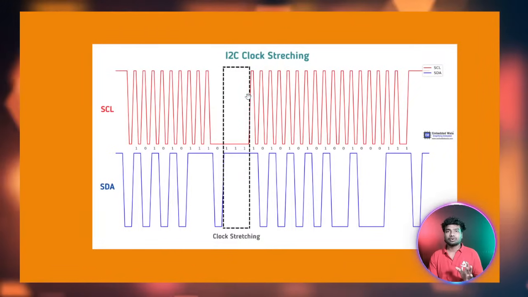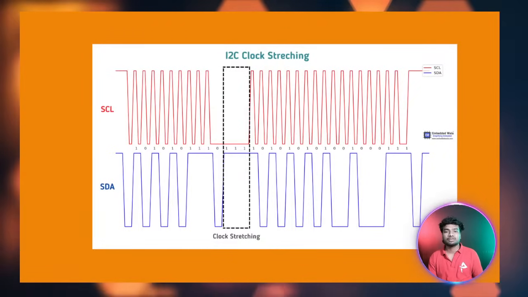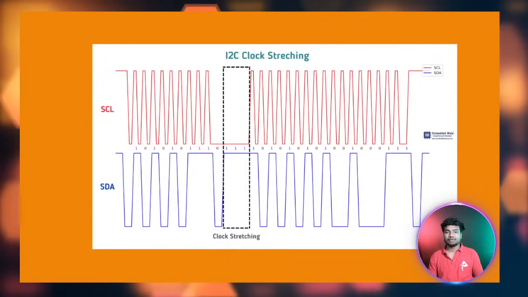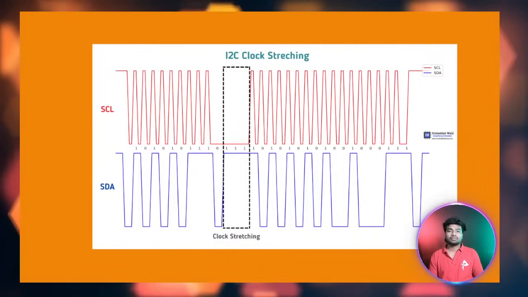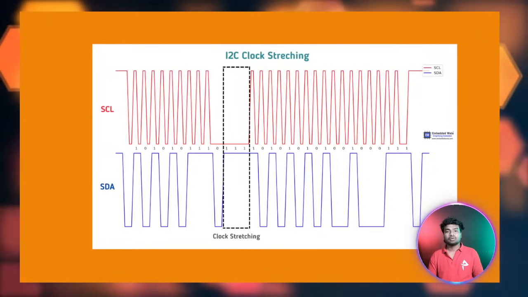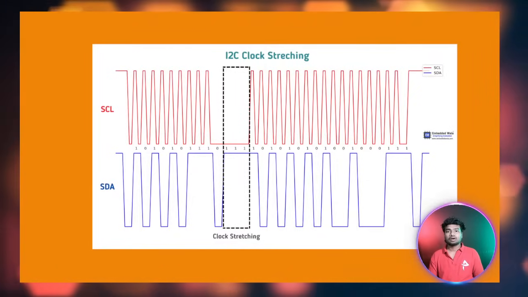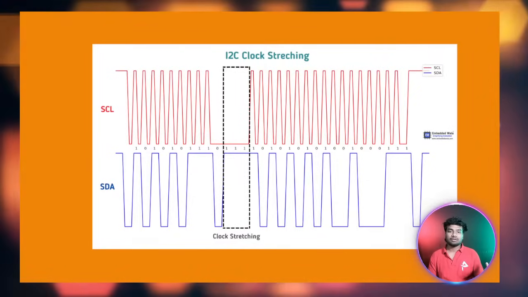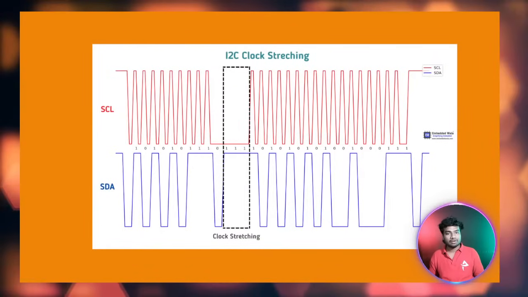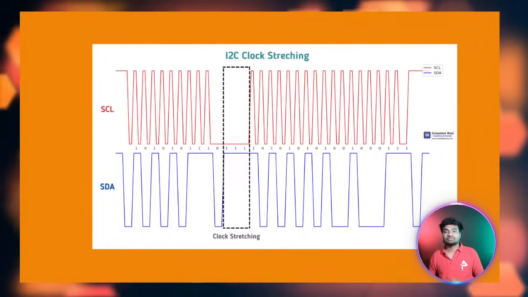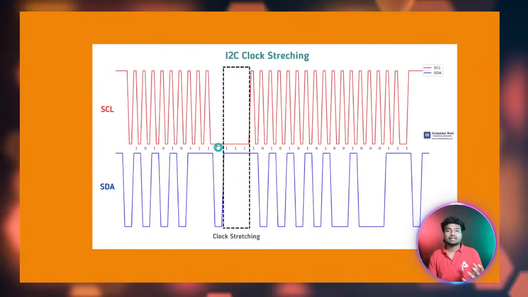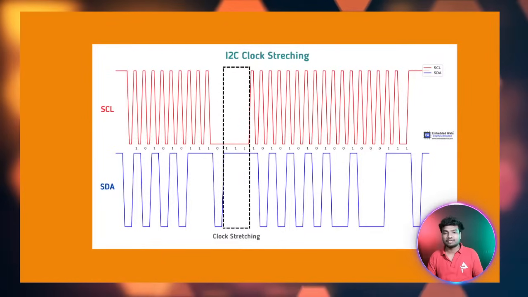It is mostly used for synchronization between the I2C master and slave. For some reason the slave needs time to process data, or the master device is faster, with a high clock frequency, while the slave device works with a low clock frequency. At that time we can use a FIFO buffer also, and we can also use clock stretching for synchronization between the master and slave devices.